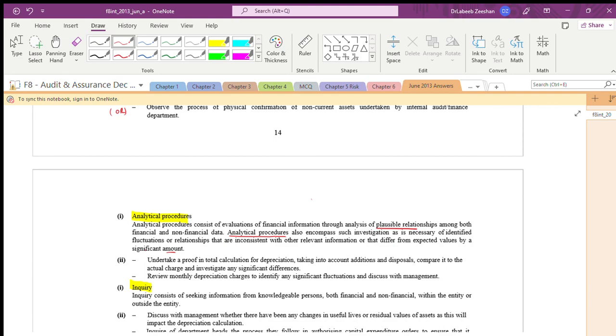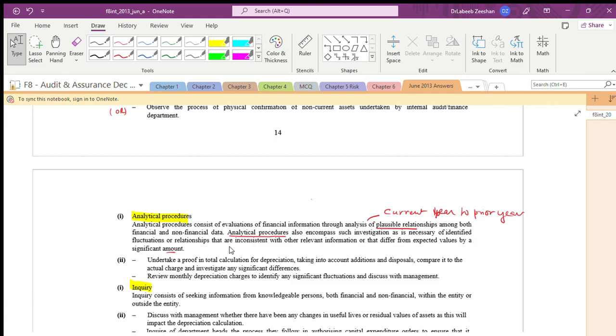See, analytical procedure is nothing but evaluation of financial performance through analysis, from the current year to the previous year to the prior year. That is more than sufficient. Analytical procedure consists of evaluation of financial information through analysis from current year to previous year.